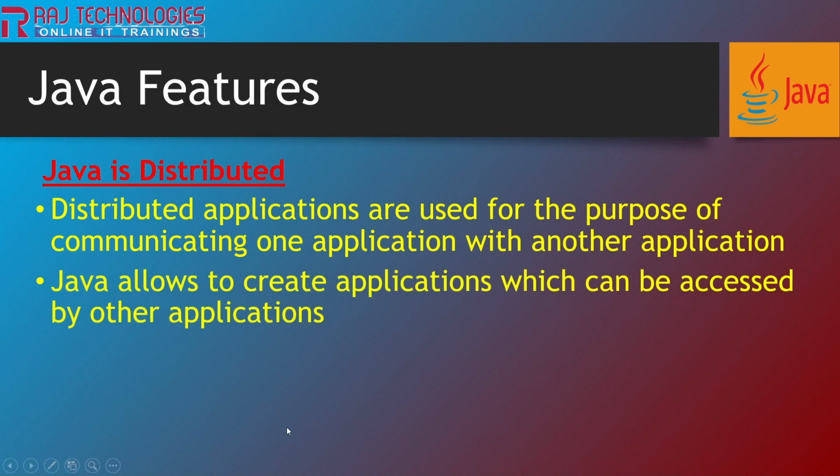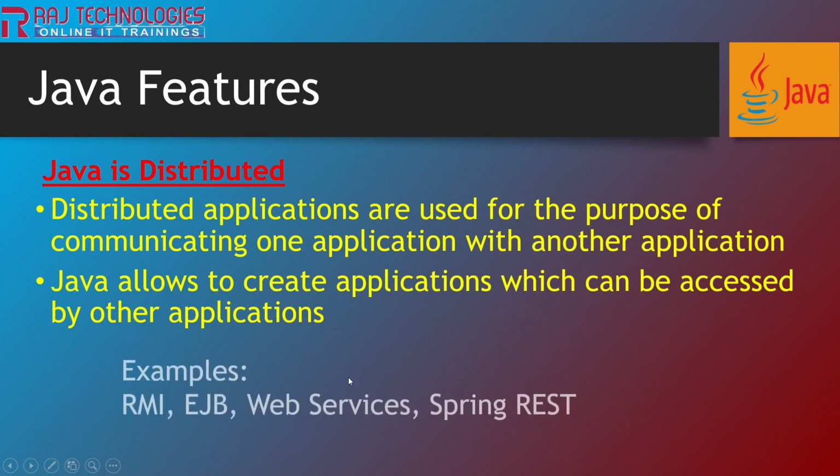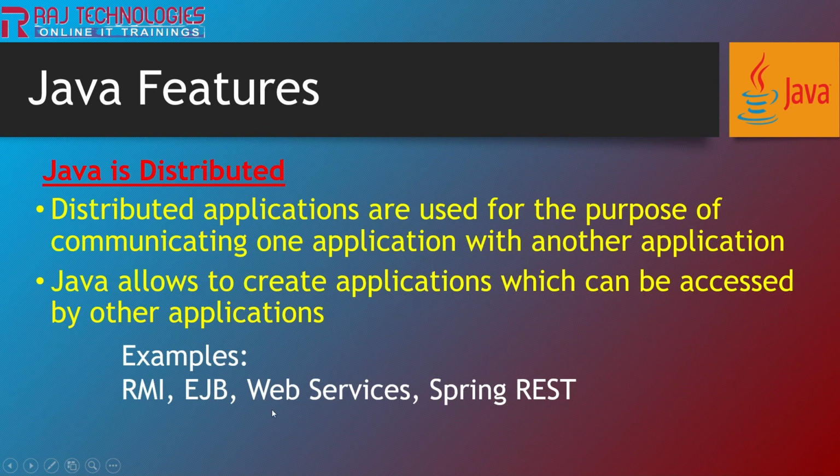Java allows us to create applications which can be accessed by other applications. In Java, we can develop these distributed applications using RMI, Remote Method Invocation, EJB, web services, Spring REST. Nowadays we are using Spring REST only to develop these distributed applications.